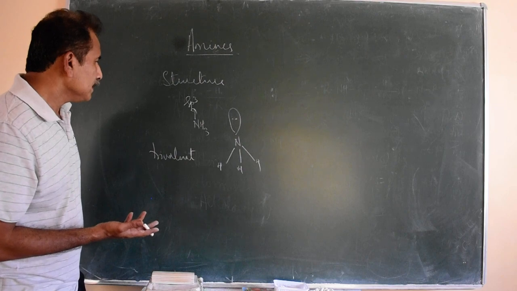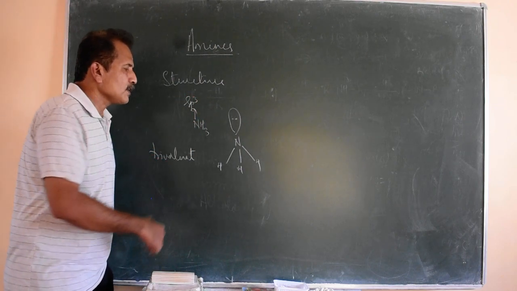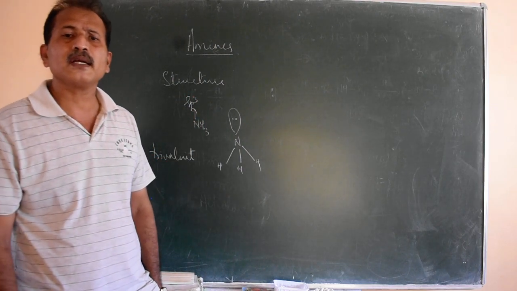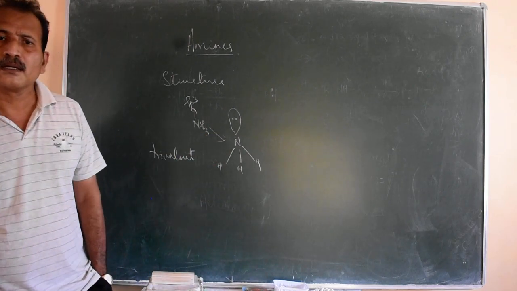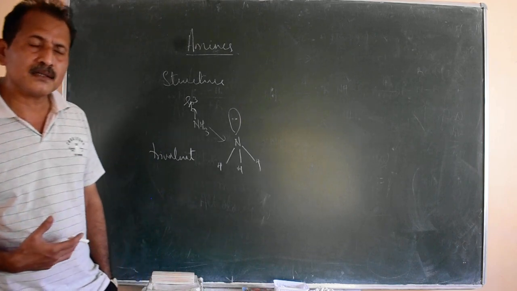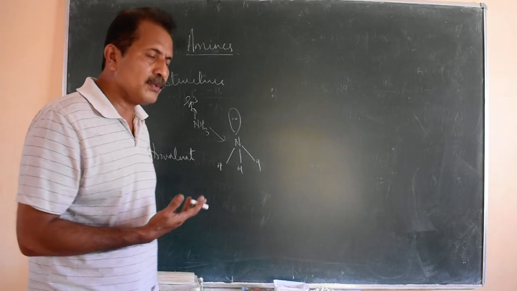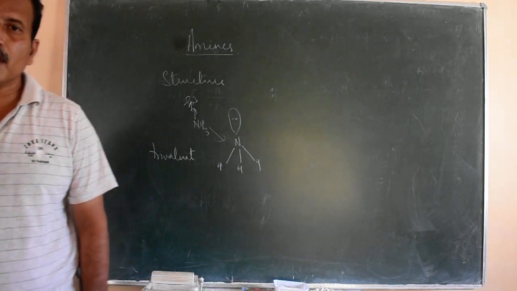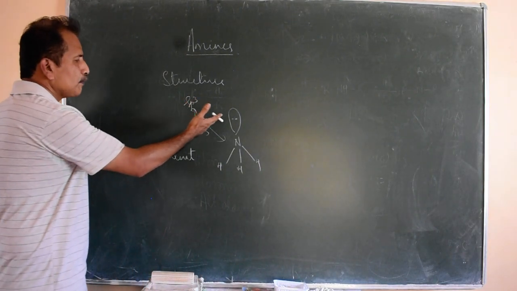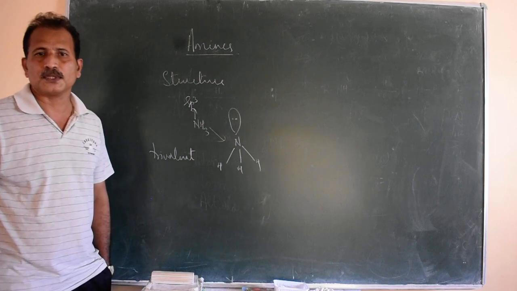Okay. And there is a lone pair of electrons on that nitrogen, just like in ammonia. Okay, and because of that the angle will not be 109.28. The standard angle will not be there because of the presence of unshared pair of electrons on nitrogen.